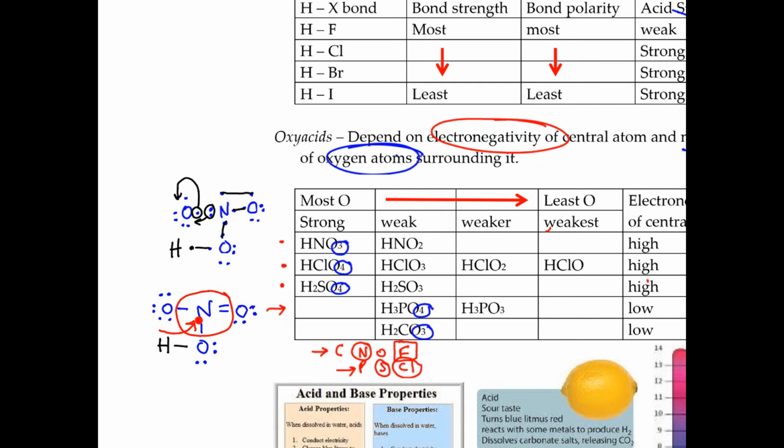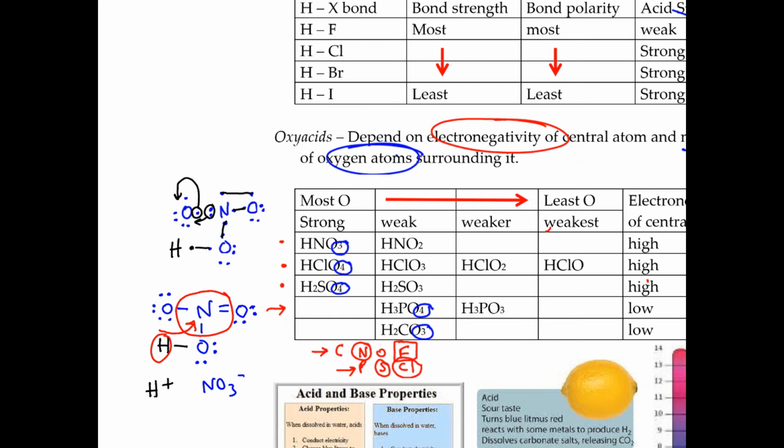So the whole process is drawing the electrons away. So this H right here can easily just be lost as an H+, and then this stays together, nitrate, as an NO3-. So you've got your H+ right here, and then you've got your NO3- right here, and that's what makes this a strong acid.